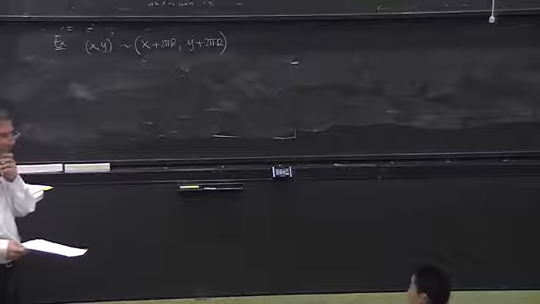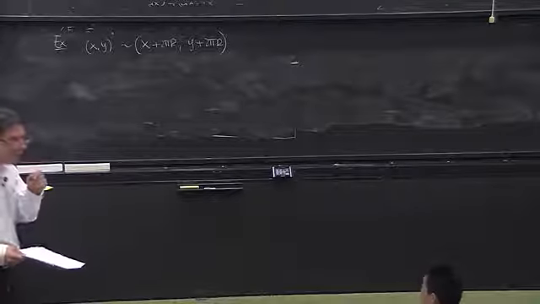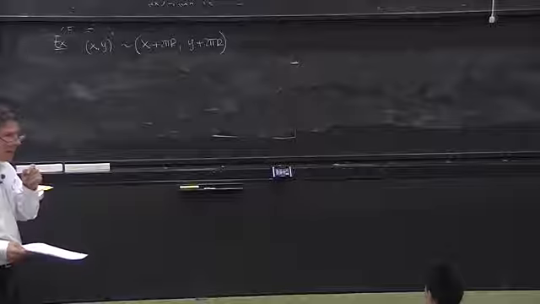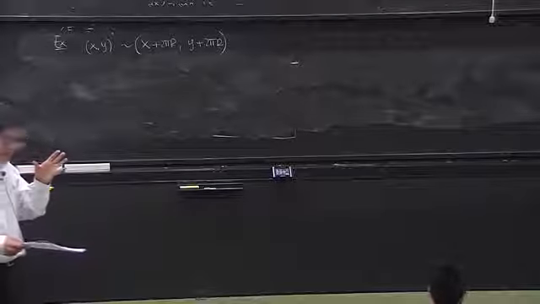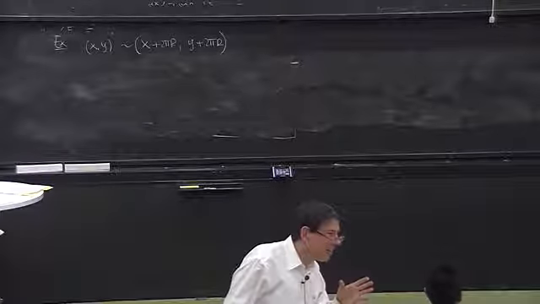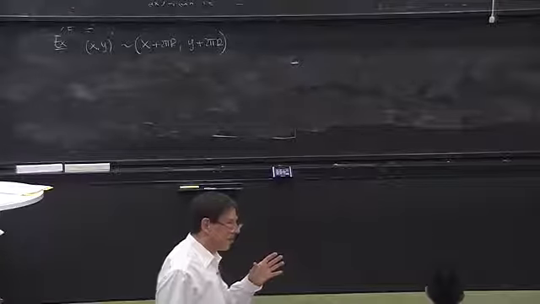What do you say? Infinite what? You have to say it louder. Infinite. So you can do x from 0 to 2 pi r and y from 1 to 2.